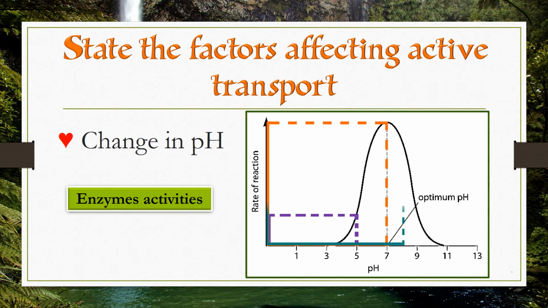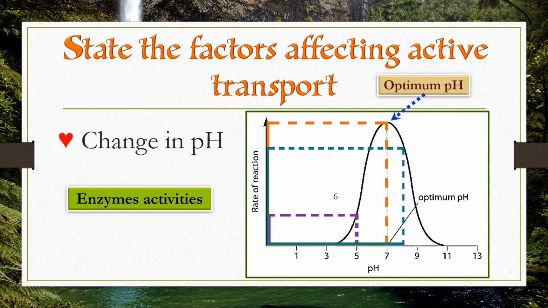Therefore, we say that the optimum pH for this enzyme is at 7, which is the neutral. So when you change the pH from either side, either you make it acidic or you make it alkaline, then you are going to affect the enzyme activity.